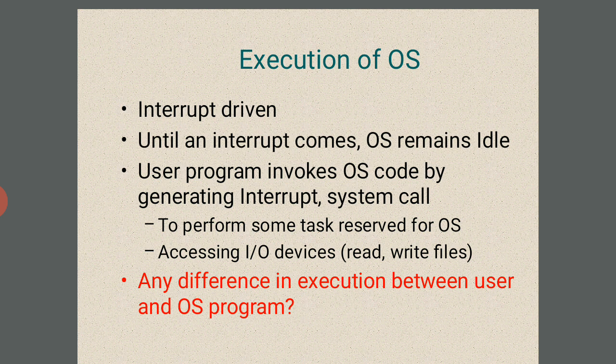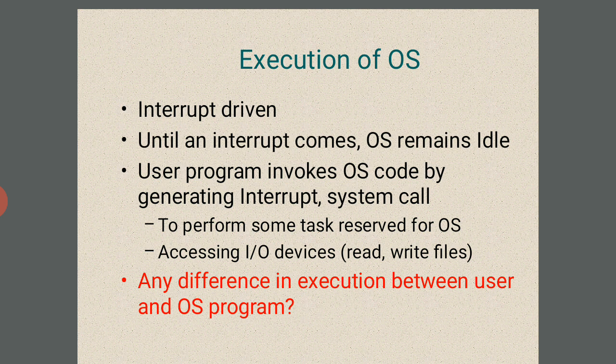When a new computer is purchased, first we install the operating system, and after that the user can create and edit applications in different drives, to perform some task reserved for the operating system, accessing input output devices and reading and writing files.